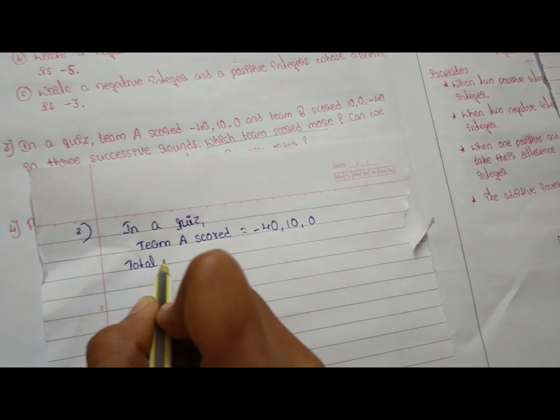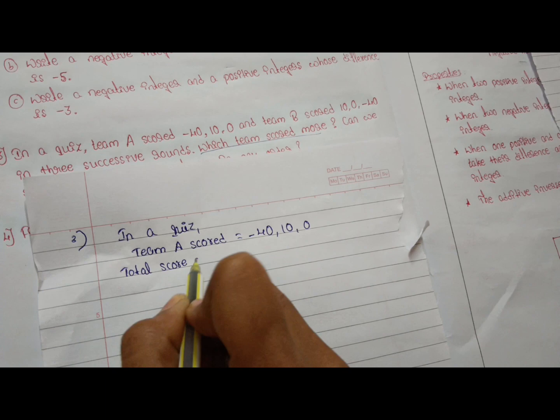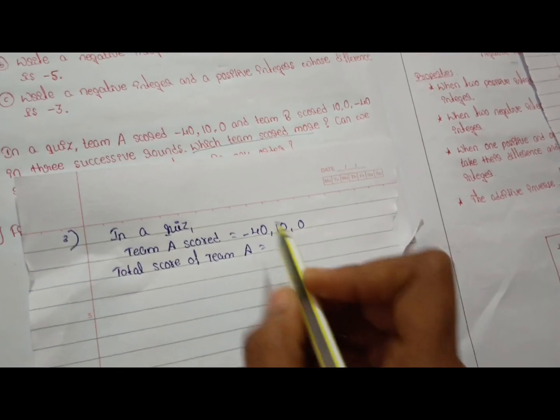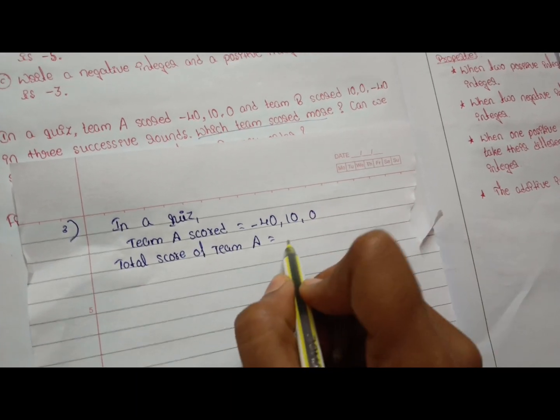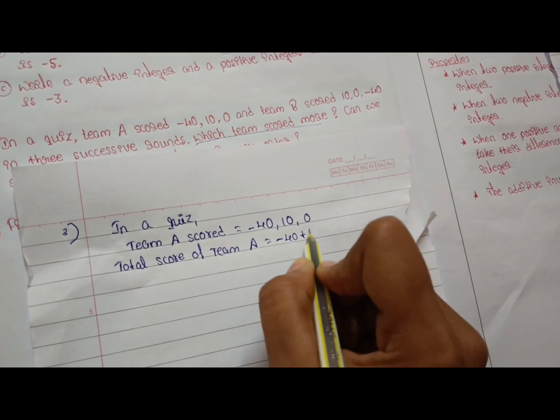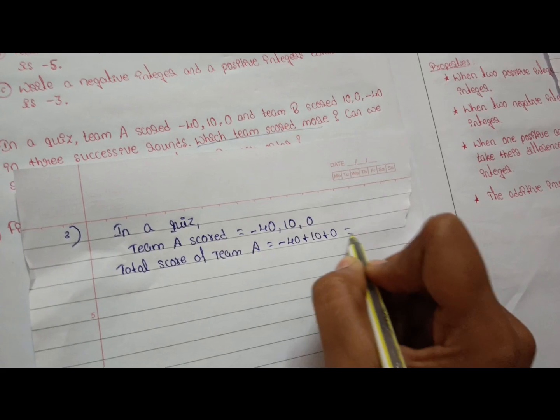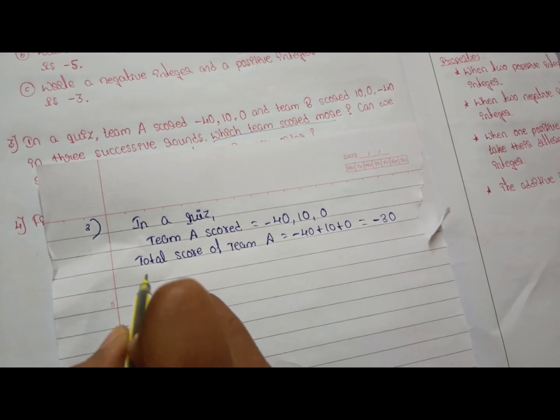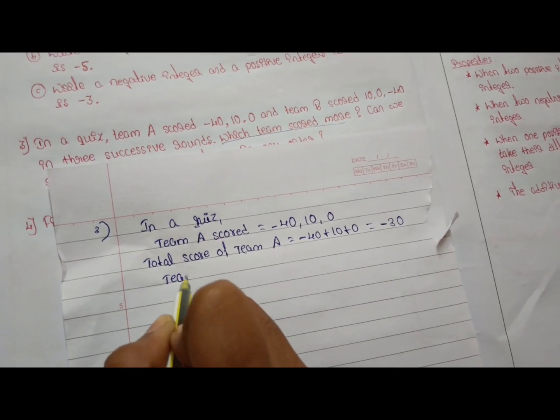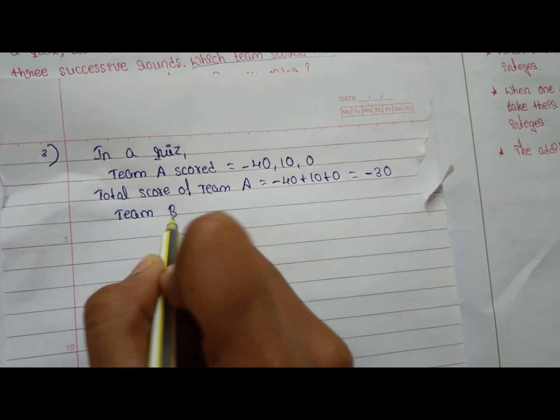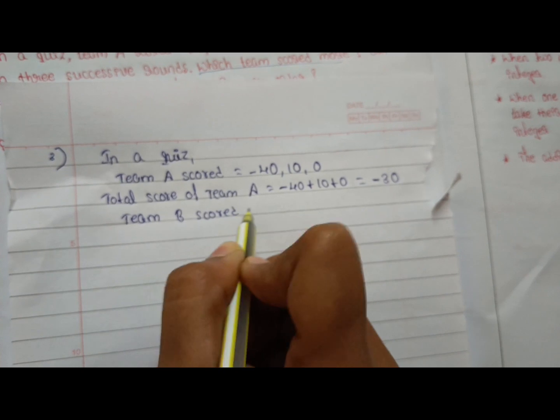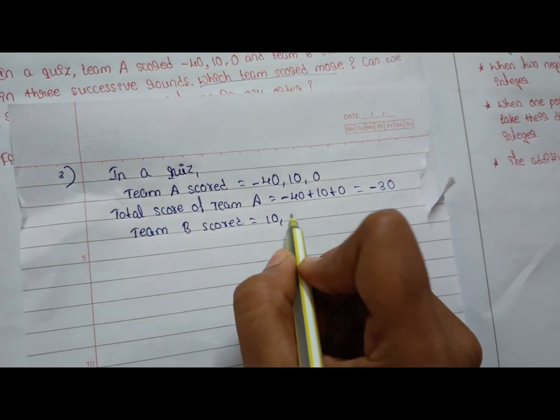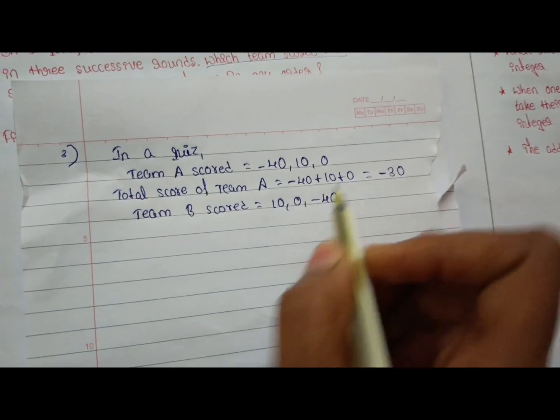So total score of team A is equal to, we have to add these three scores, -40 plus 10 plus 0. We will get -40 plus 10 is equal to -30. And team B score is 10, 0 and -40.